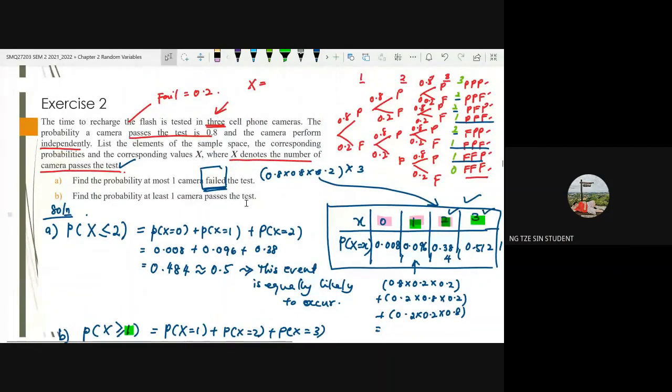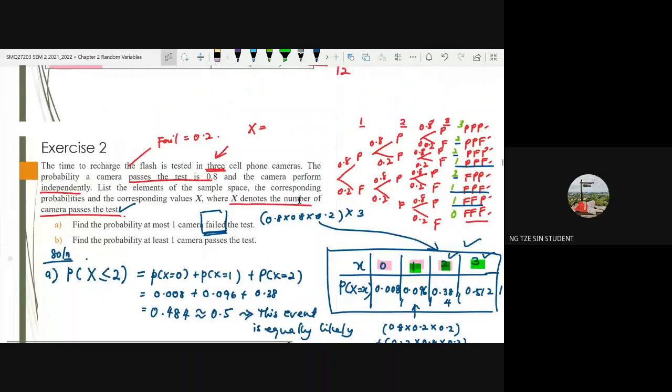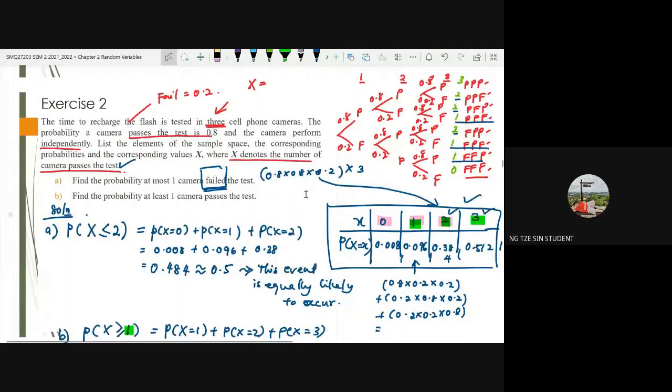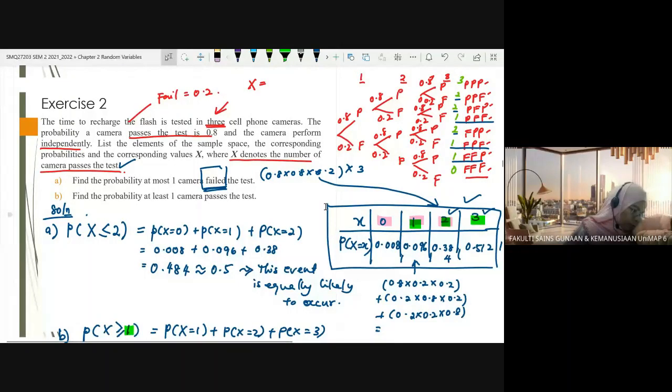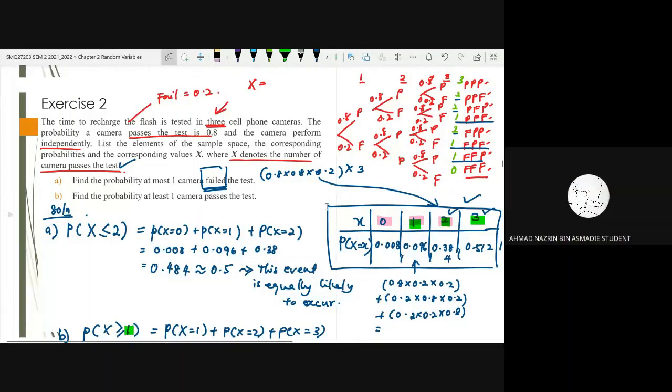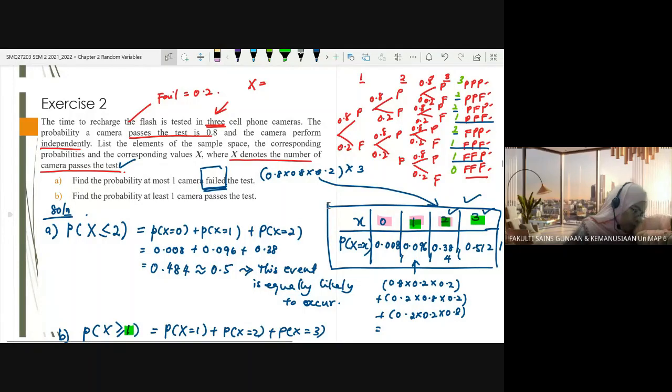But if at most 1 camera fails, we have 2 and 3 only, so greater than 2 and 3, include 2 and 3. Define the probability at most one camera fail. At most one camera. So 2 and 3. Never mind.